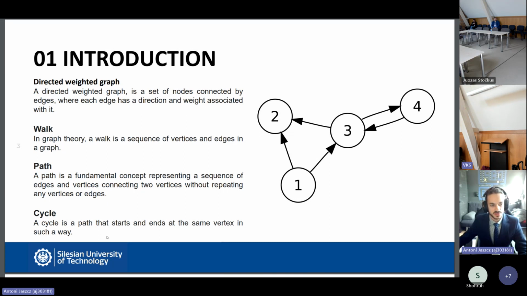And a path is a unique walk, basically. So the set of vertices is unique. We don't go through the same vertex twice. And a cycle is a type of path which has the beginning and end in the same node.